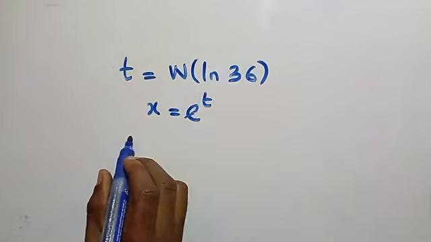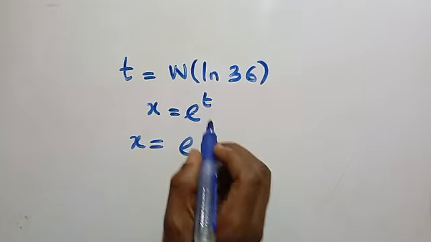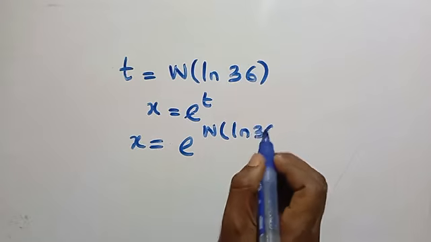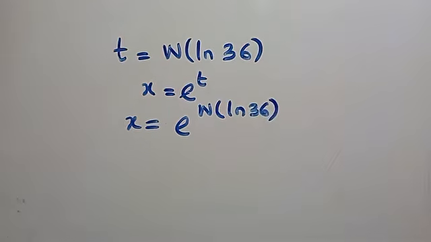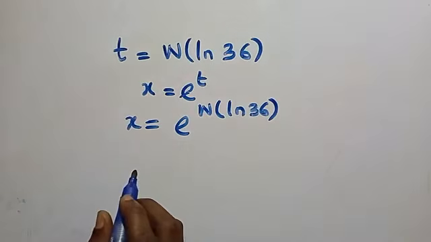Substituting, we have x equals exponential of W of ln 36. So this is what we have for x, but we can still write this in another form, as we use the identity of these functions.